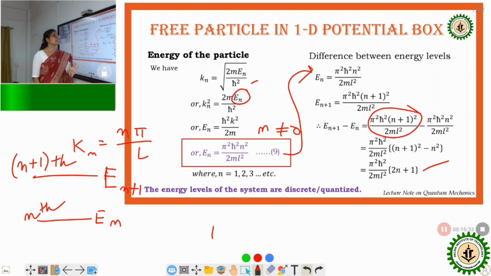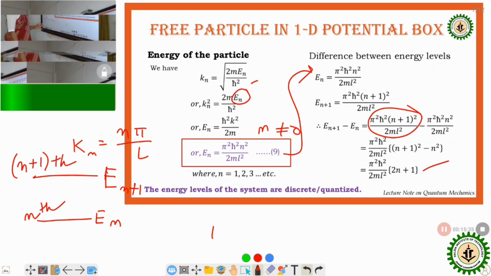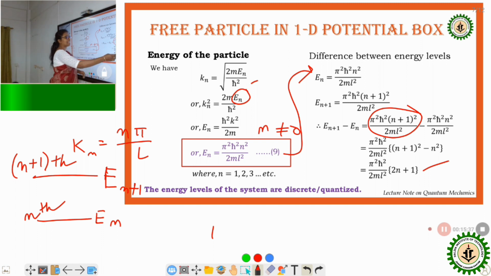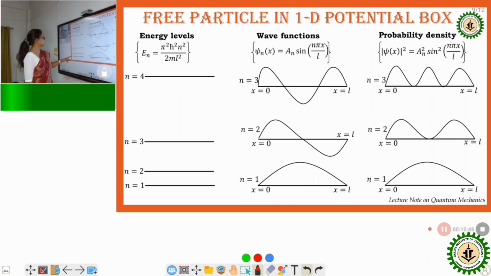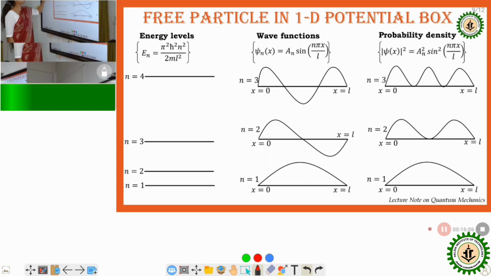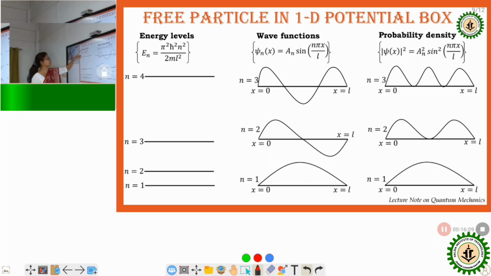Now what we want to show you is that if you put n equals to 1, because n cannot be 0 here, as I said, that means the ground state energy. What is the value? Pi square h cut square by 2 m l square. If you put n2, 4 pi square h cut square by 2 m l square. If you put n3, 9 pi square h cut square by 2 m l square. If you put n4, 16 pi square h cut square by 2 m l square.